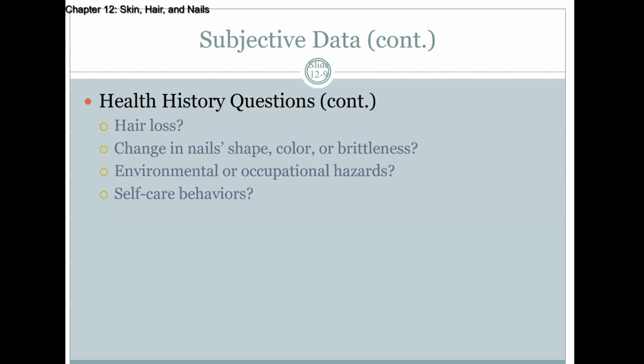Some older people have vascular areas that are more frail, so minor trauma may produce dark red discolored areas on the skin. You may have seen that on an older person, and that's called senile purpura.